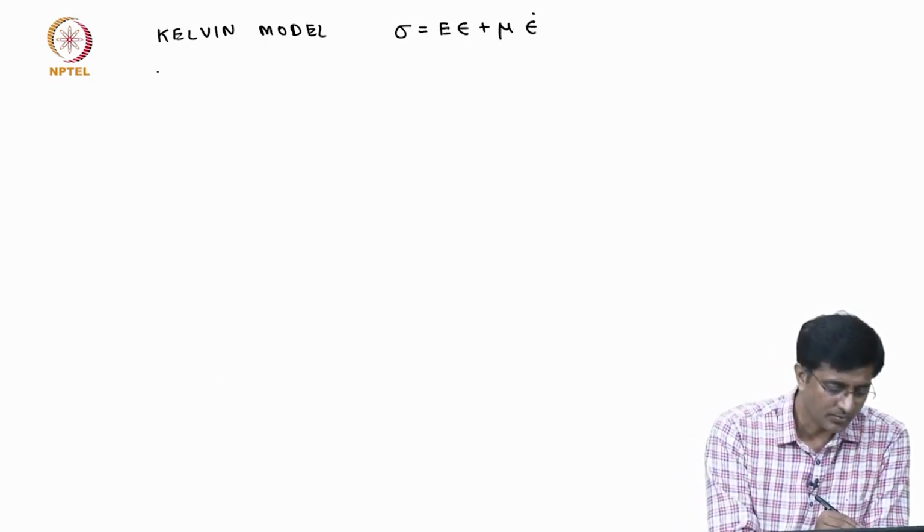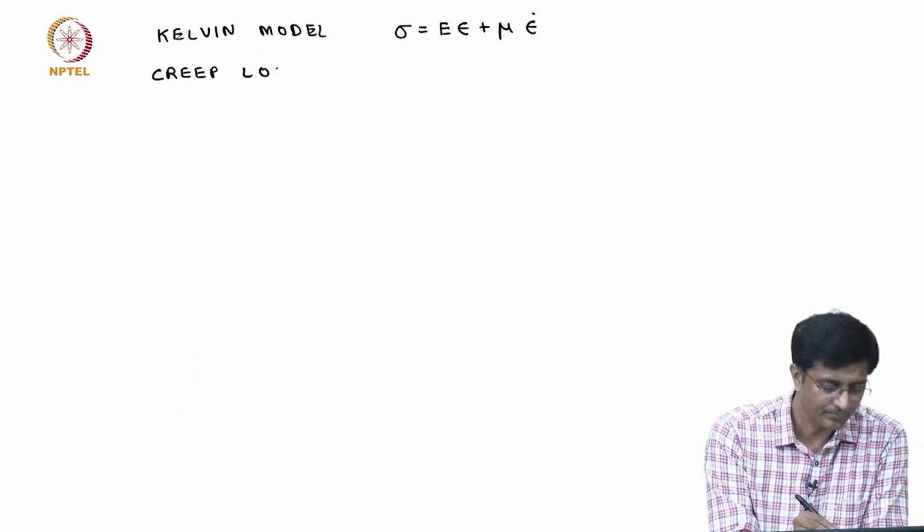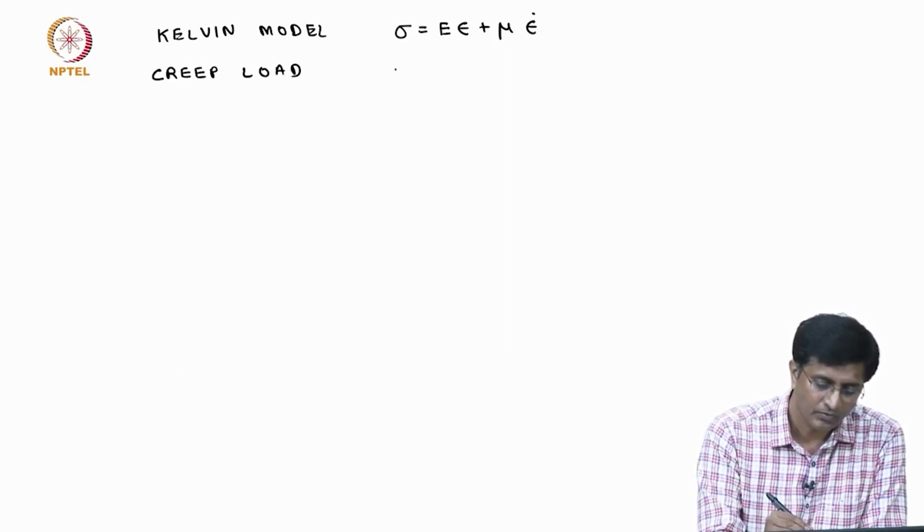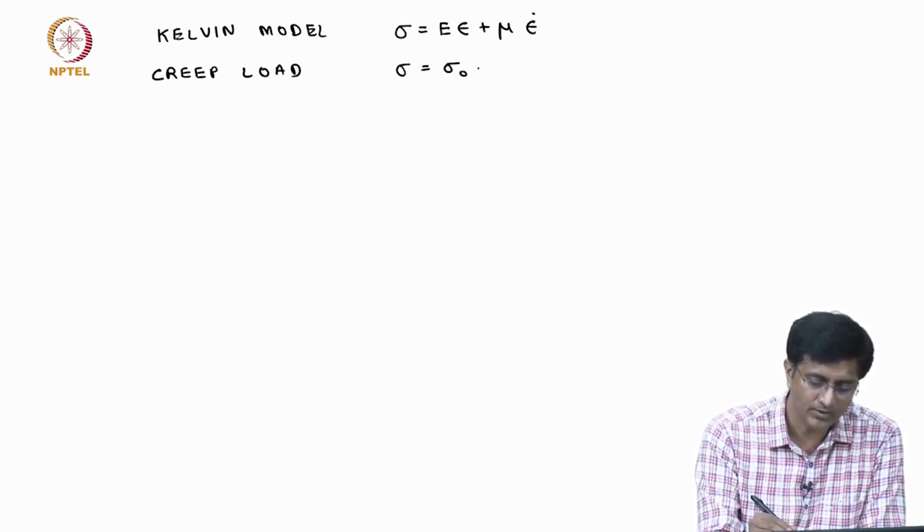For a creep load, we know it can be written as sigma equals sigma naught times H of t.